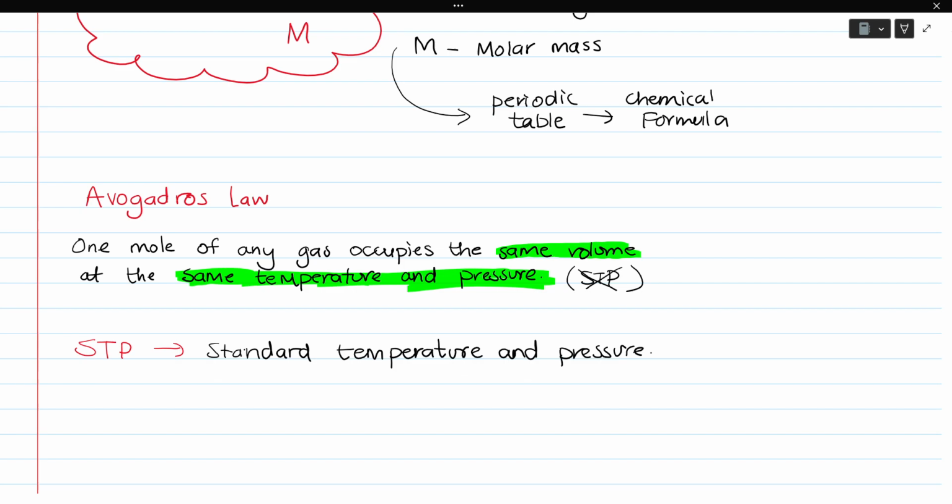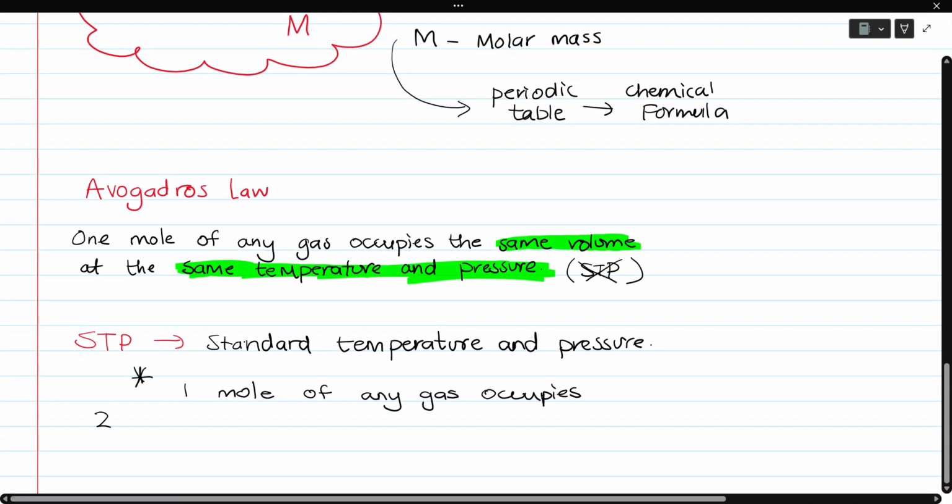Okay, now these are special conditions, right? And what comes out of this is that if you've got 1 mole of any gas, it is always going to occupy this very special number, which is 22.4 decimeters cubed.